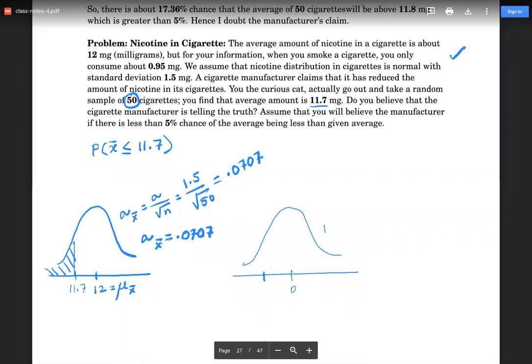So z sub x bar is equal to x bar minus mu sub x bar divided by sigma sub x bar. x bar is the point in question, 11.7, minus mu sub x bar, which is 12, all of it divided by sigma sub x bar, which is 0.0707. It's going to be negative 0.3 divided by 0.0707.